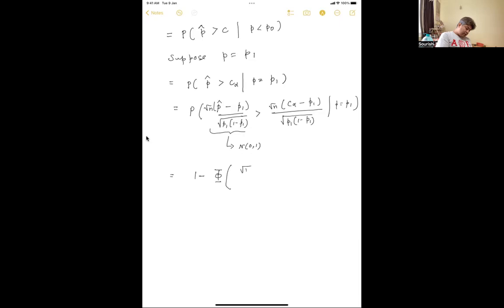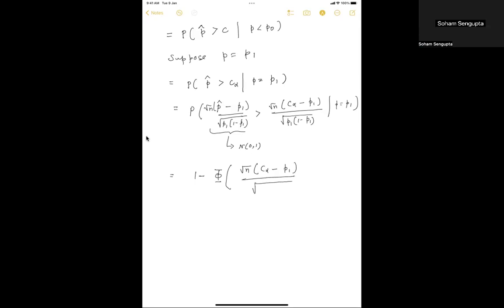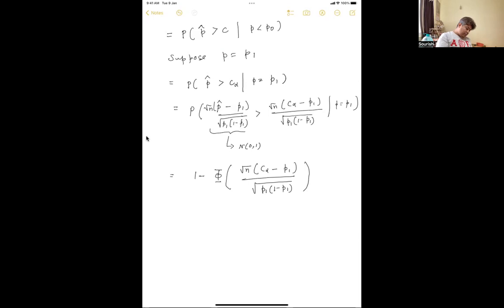square root of n times (C alpha minus P1) divided by square root of P1 times (1 minus P1). So this will be my beta, or type 2 error.